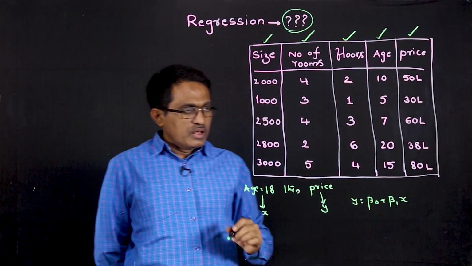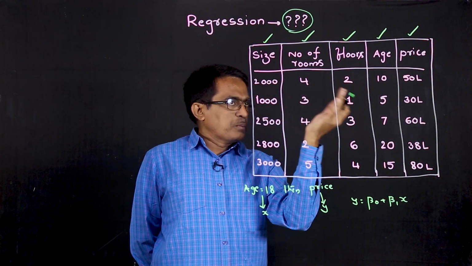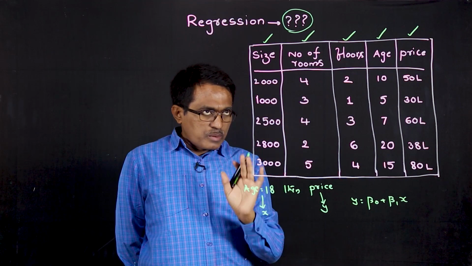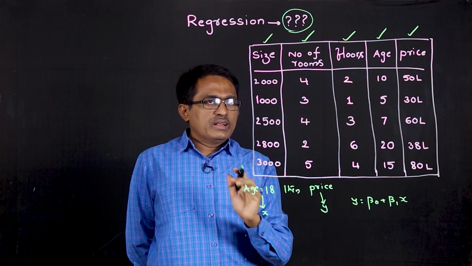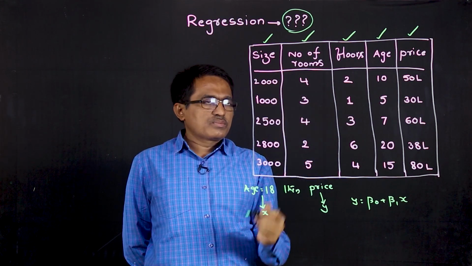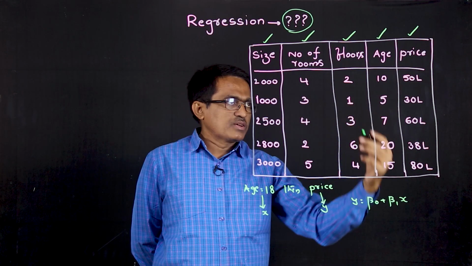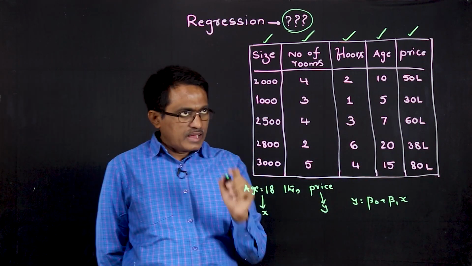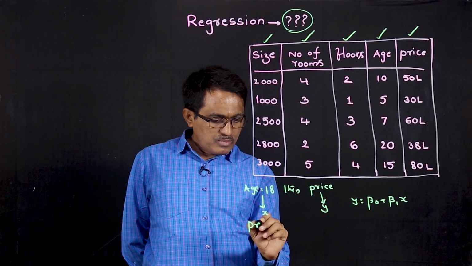That we can do. But similarly, suppose I want to find the price of a house where I give the size, the number of rooms, the floors and also the age.